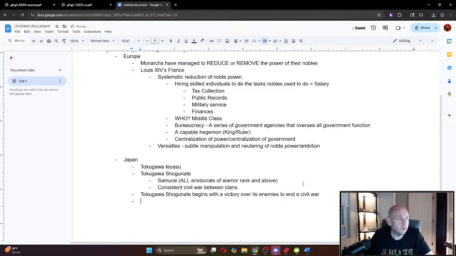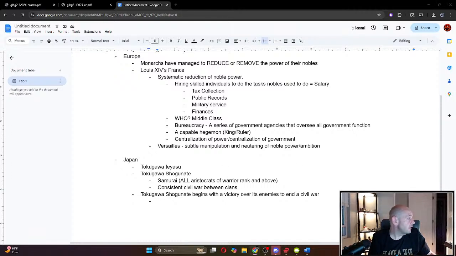In effect, Tokugawa defeated an alliance of other lords allied to a different house and won. Having won that war, he secures control of the country. So far, nothing here is particularly unique. One aristocrat rising above his fellows, defeating them in combat, and claiming a title like king. Shogun is basically king. Claiming a title like king is not different, not particularly interesting, frankly. It's pretty boring as these things go.